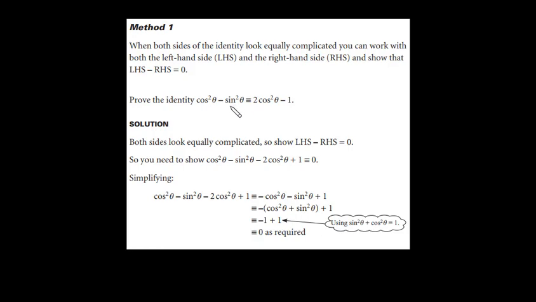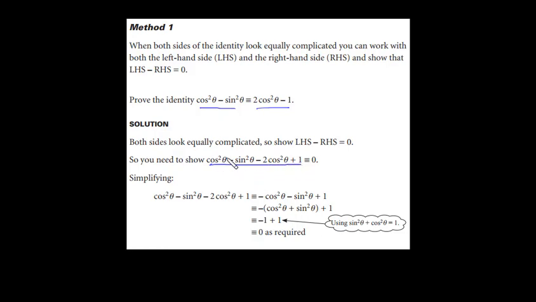For example, let's prove the identity cos squared theta minus sine squared theta is equivalent to 2 cos squared theta minus 1. Because both sides look quite complicated, we will take one side minus the other and prove that it equals 0.